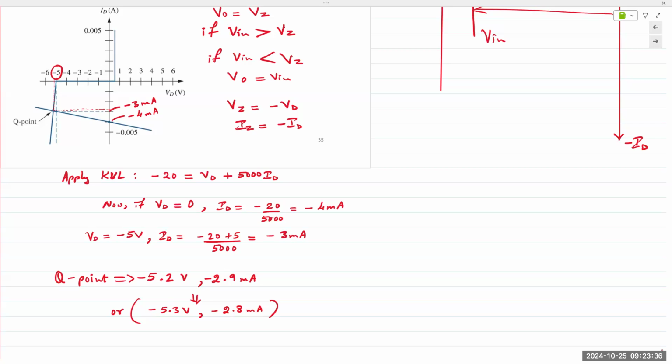And we said the load line is basically describing the equation of the external circuit that is putting a constraint on the operation of the device. And so even though the Zener diode is a 5-volt Zener diode, the slope shown here in the characteristic gives us a value of 5.2 volts or 5.3 volts. That is the constraint put on the Zener diode by the external circuit. And so that's the point of the analysis.